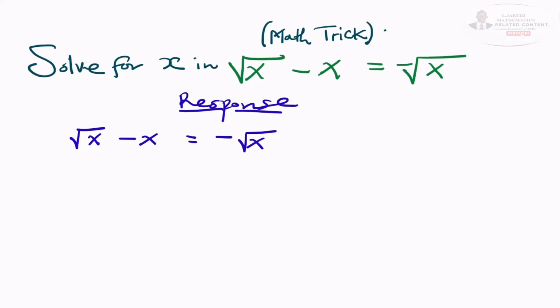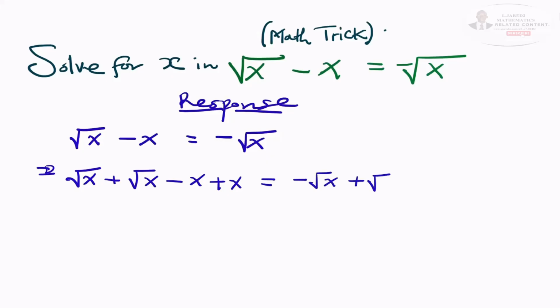I can make this x move to the right hand side, and this to move to the left hand side of the equal sign, so that on the left hand side I'll have the square root of x plus the square root of x minus x plus x, equal to the negative square root of x plus the square root of x, plus our x.